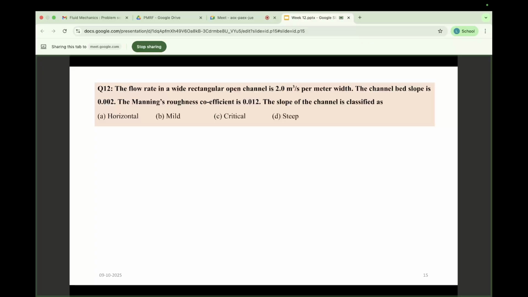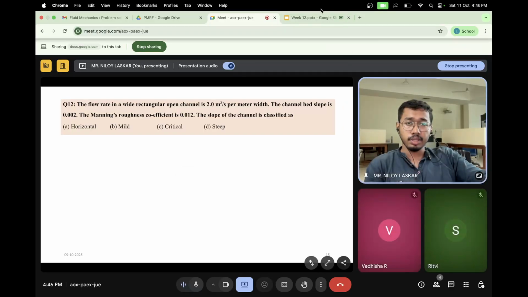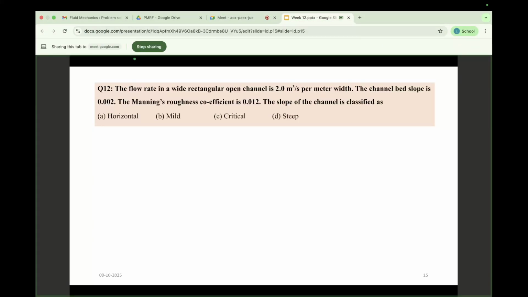You just need to check whether, for the depth and the critical depth, these two concepts are required. Okay, I'm giving you this formula because you need to recall it. The derivation is not the part required for you.